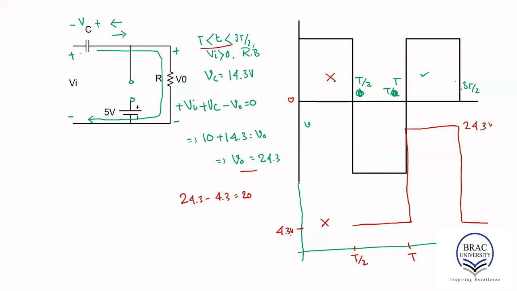Therefore, minus 10 has become 4.3, and 10 has become 24.3. So we have pulled it up by 14.3 volt. So that is our clamper.